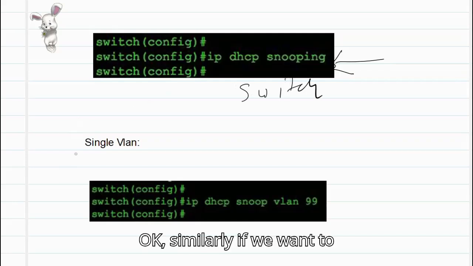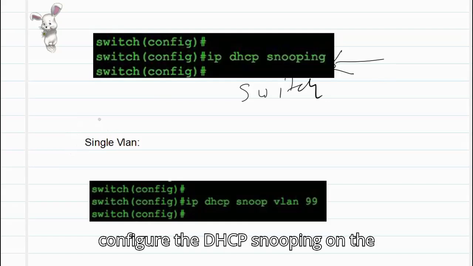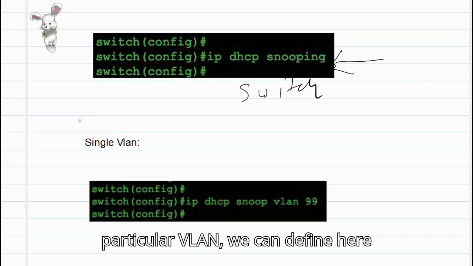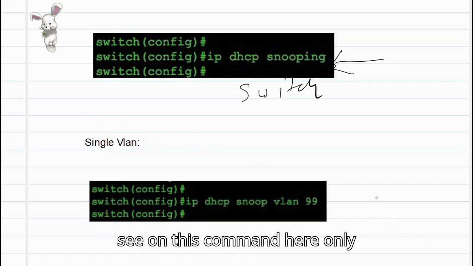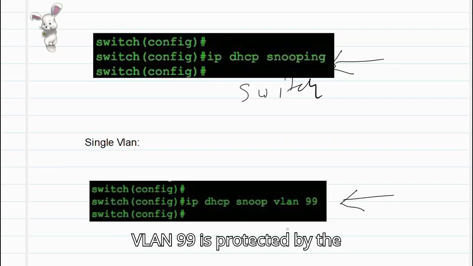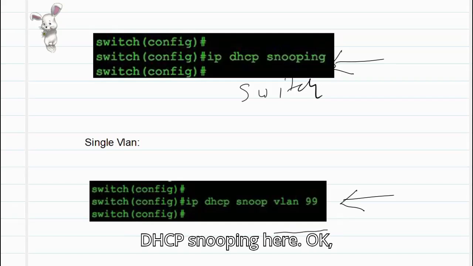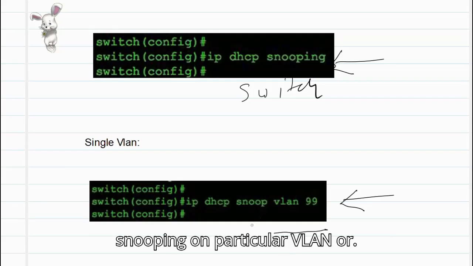Similarly, if we want to configure DHCP snooping on a particular VLAN, we can define it here also. On a single VLAN only, we can see in this command that only VLAN 99 is protected by DHCP snooping. In this way we can configure DHCP snooping on a particular VLAN.